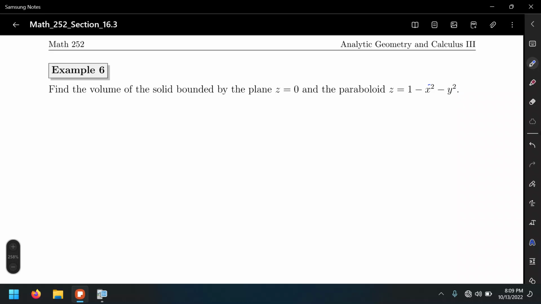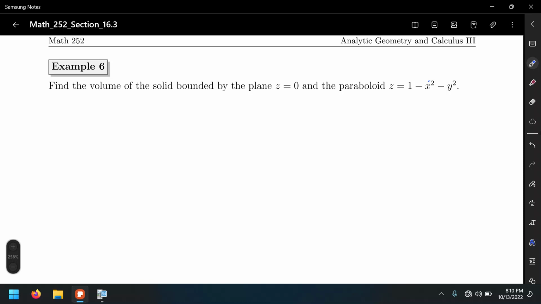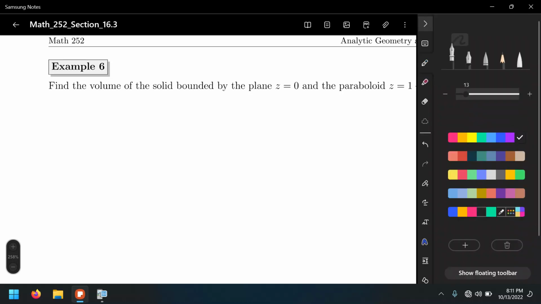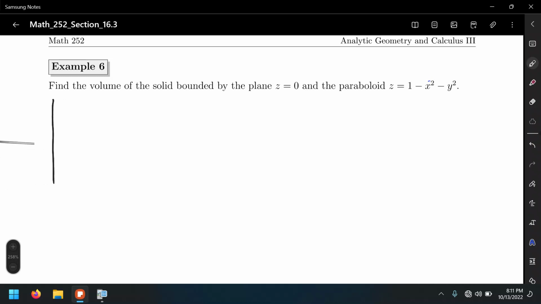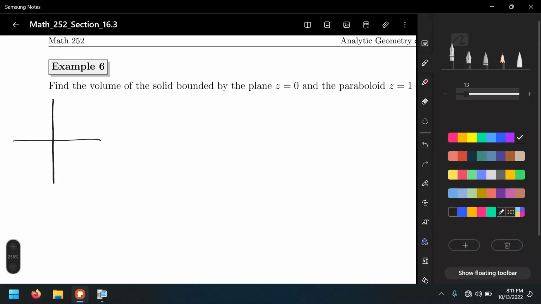So, all right, what do we have? We looked at the solid on Desmos, and now let's look at the projection in the xy plane. Essentially, we have all the points that lie inside the circle of radius 1. To find the volume, we will need to look at the intersection between these two solids.